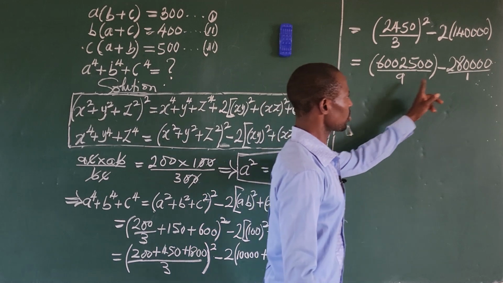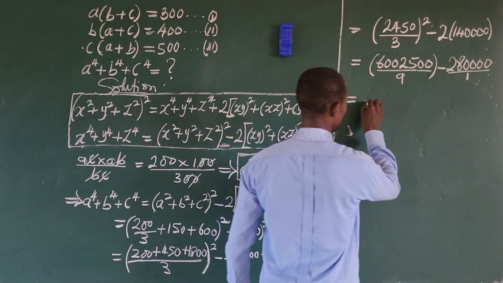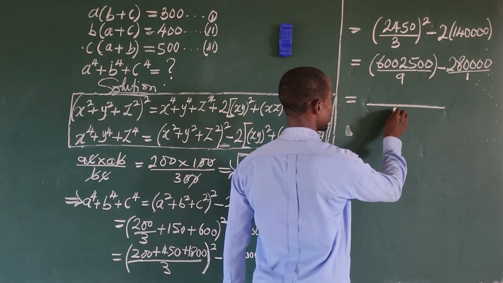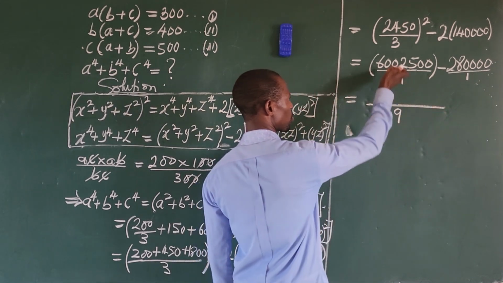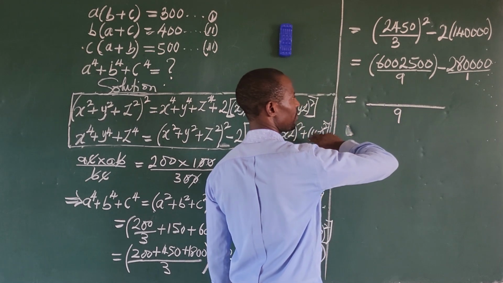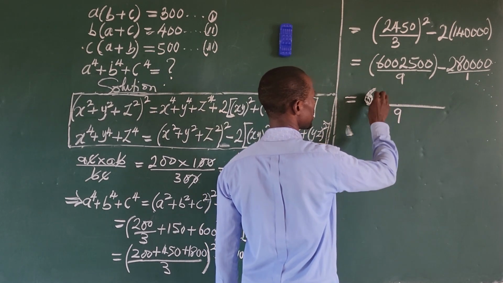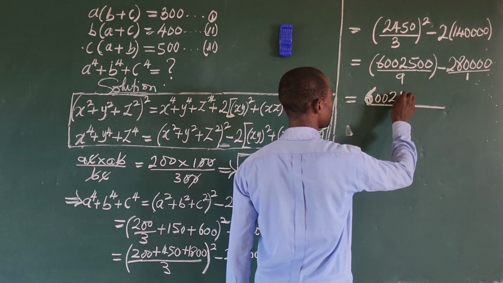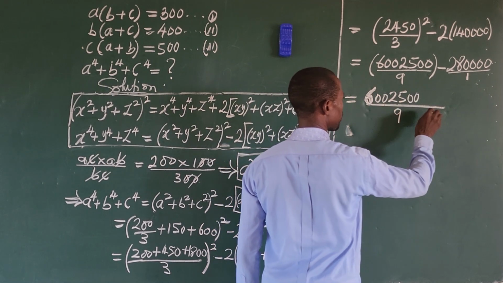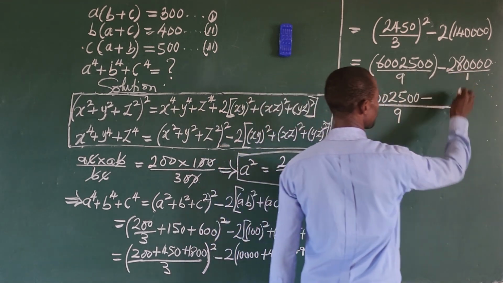So we use 9 to multiply this, by finding the LCM. So we now have our LCM to be 9. So we use 9 to divide it. This will give us 1 times our figure up here. We have 6, please. And write it where 6, then 002500. Okay, then minus. We use 9 to multiply this.